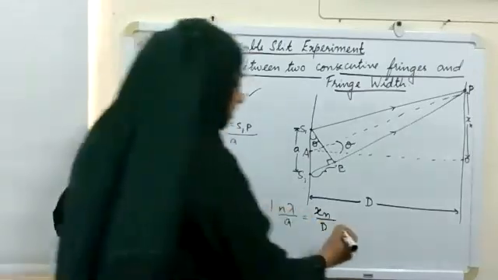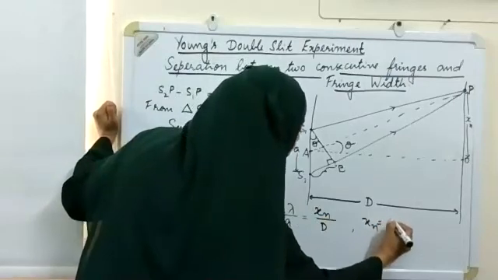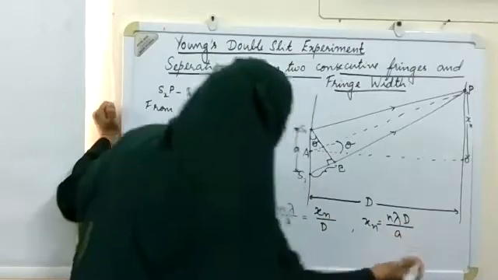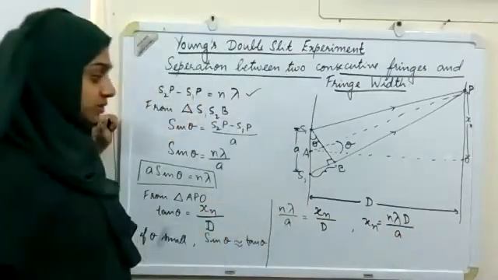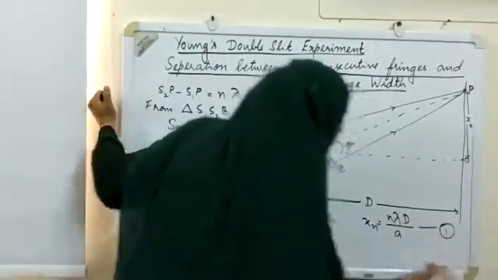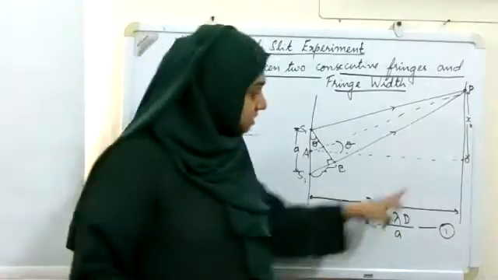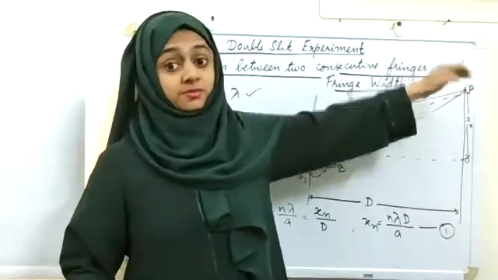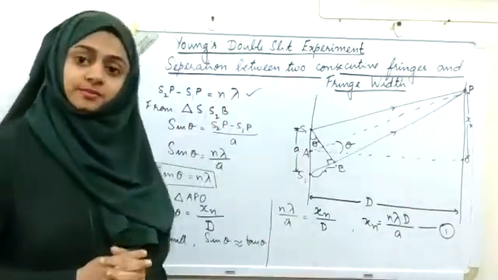Or in other words, xn is equal to n lambda into d divided by a. Here I have taken d to the other side, so it goes to the numerator. So this is for the nth bright fringe. xn is the distance from O to the nth bright fringe. Is this clear to you how I got this xn? Yes, teacher, clear.